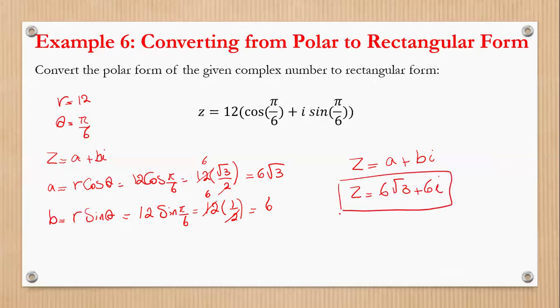There's another way to find the number in complex form, which is just finding the value of this cosine and sine. If you find the cosine of pi over 6, you get root 3 over 2, and sine of pi over 6 is 1/2. And if you distribute the 12, you get exactly this number, even if you don't want to use the formulas.